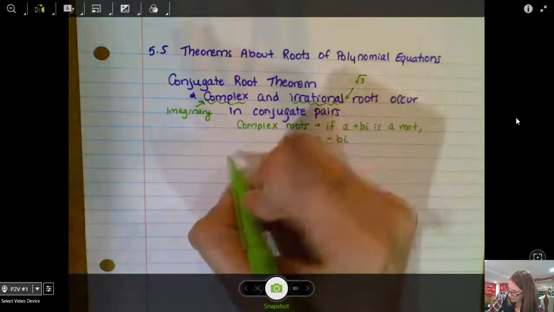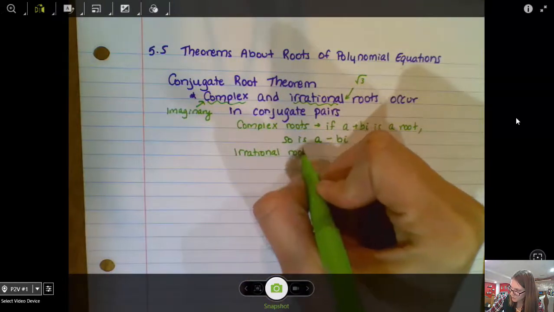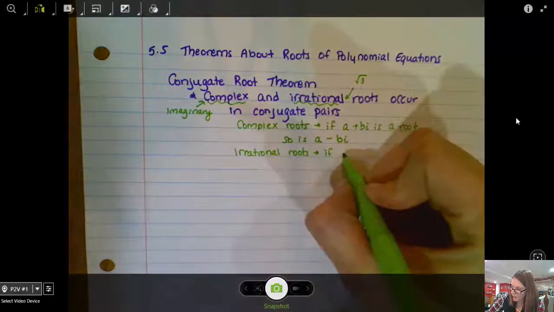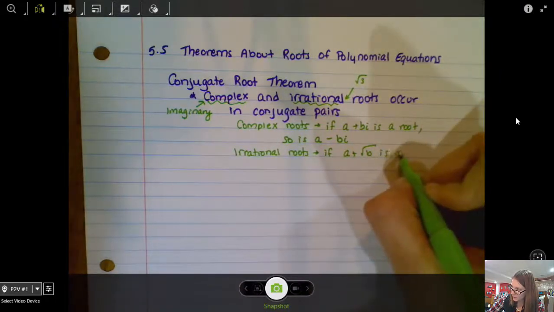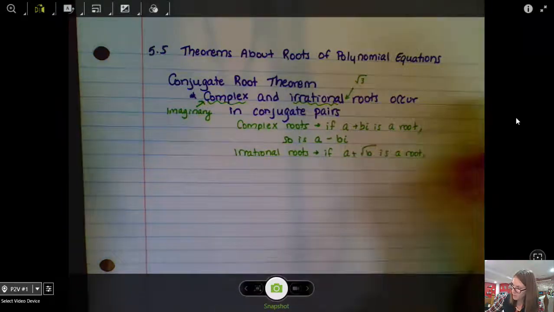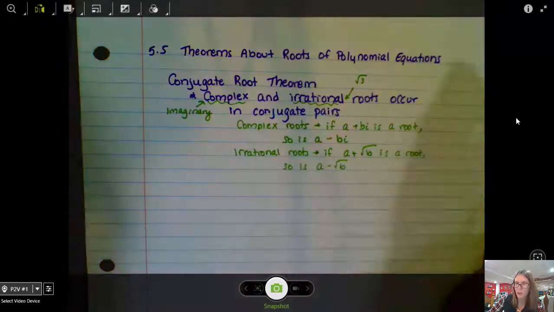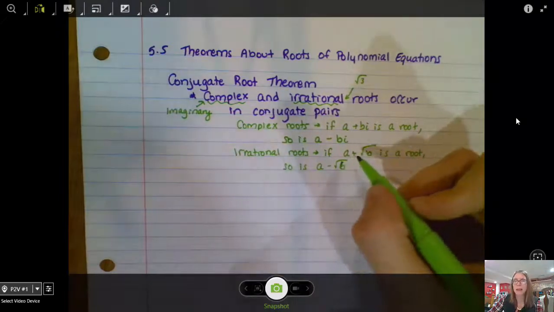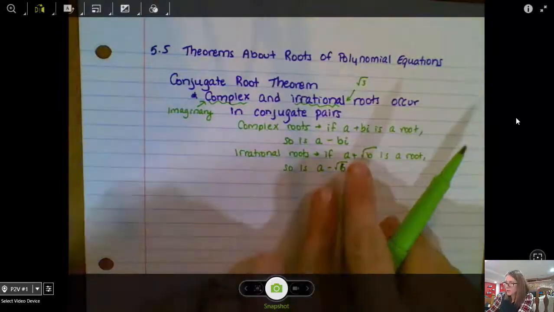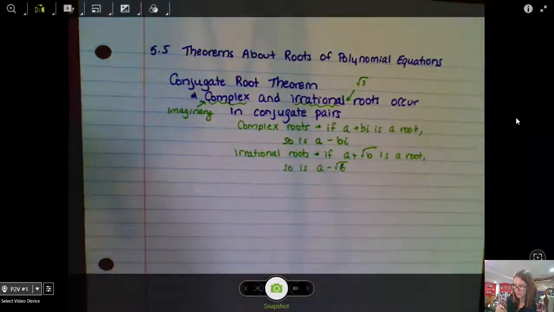And then as far as our irrational roots go, same idea. If a plus the square root of b is a root, so is a minus the square root of b, okay? And again, conjugate means we have the same thing but the opposite sign in the middle. So these two roots are the same except one's plus the square root of b and one's minus the square root of b.